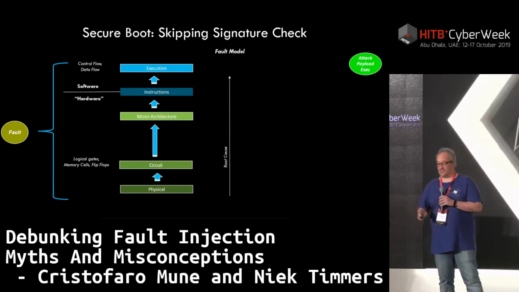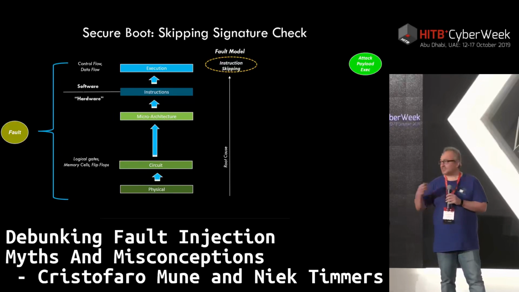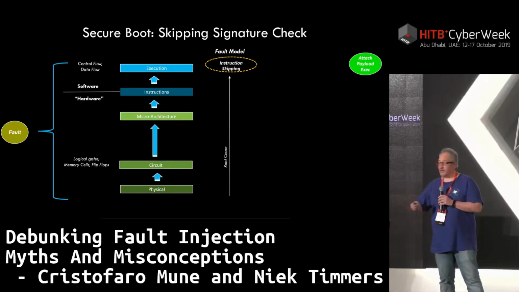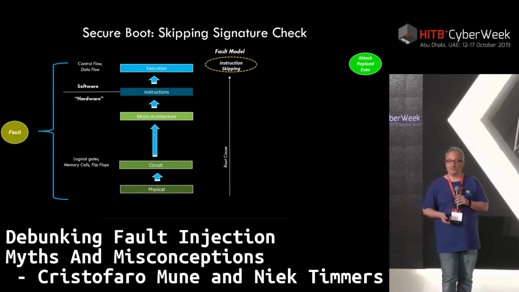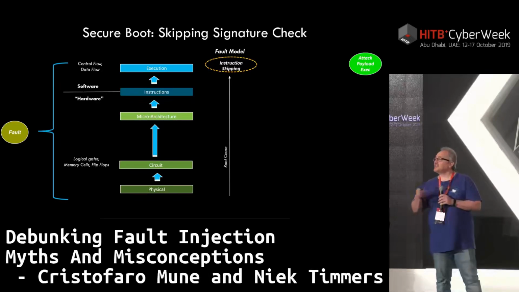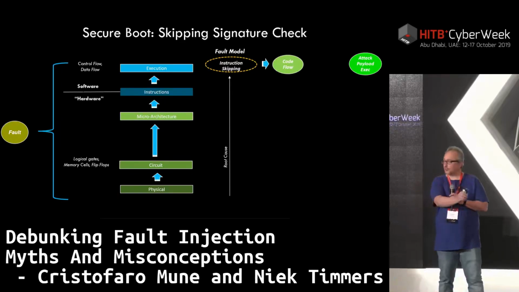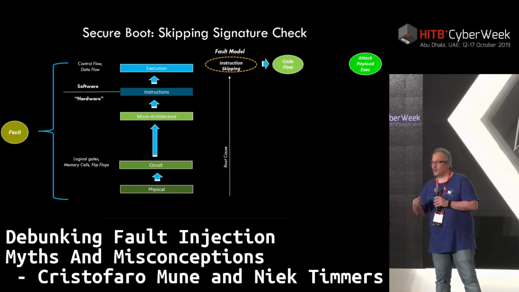This is usually what happens in these kinds of attacks, where your fault model is called instruction skipping, and by trying many times, statistically it will happen sooner or later. It may happen, if the hardware is vulnerable, that the signature check is skipped. And this means that your code flow changes and goes in the direction of a good secure boot while it's not happening. So you're providing a wrong image, a malicious image.